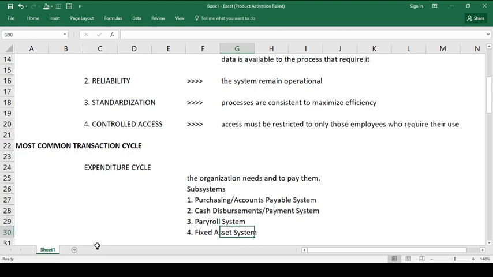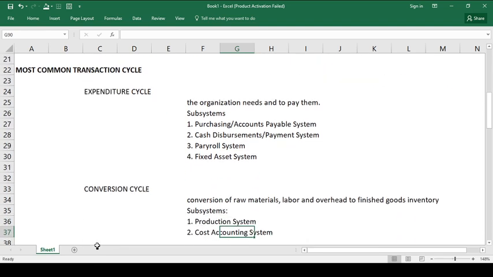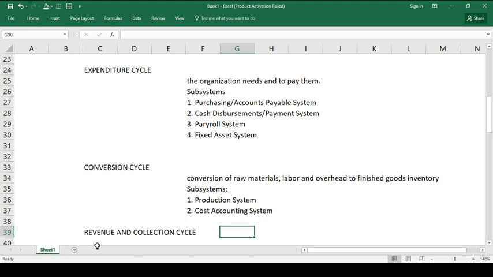After this topic, considering its characteristics, we also need to discuss the most common transaction cycles in accounting. We have three most common transaction cycles that should be studied, which will be discussed thoroughly as we go on in this subject. We have the expenditure cycle, the second is the conversion cycle, and the third is the revenue and collection cycle.